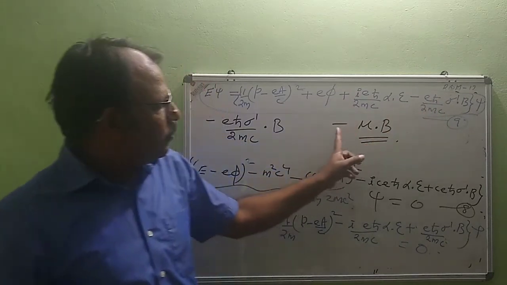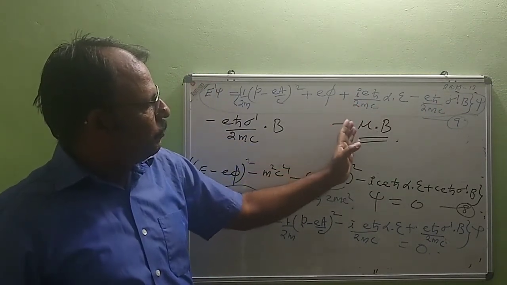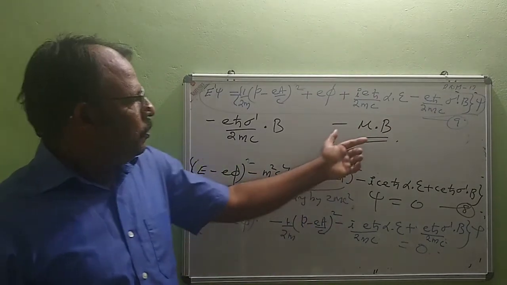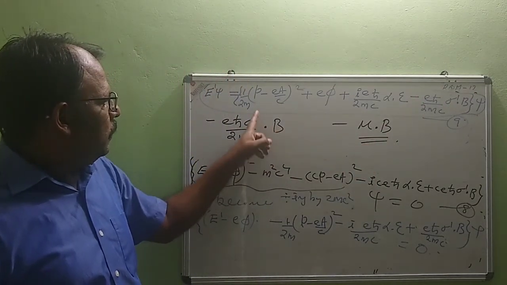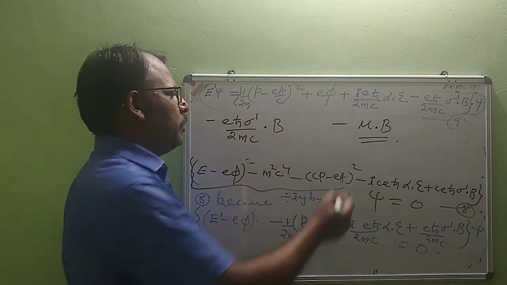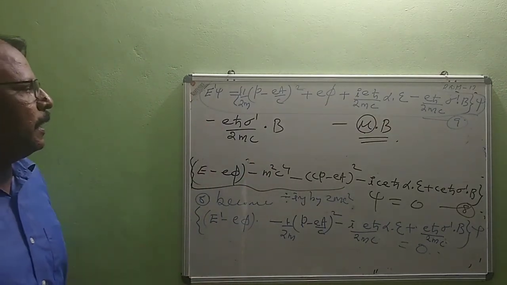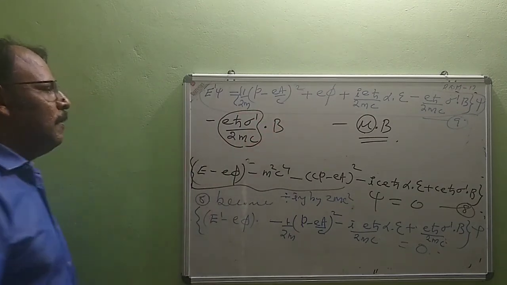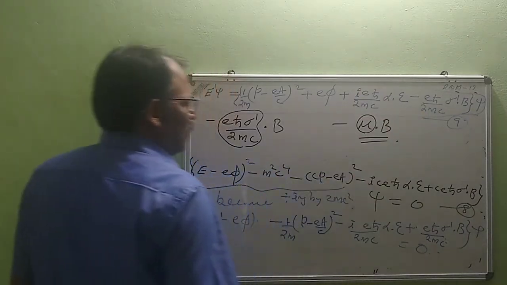So the term which has the dot product with B can be assumed to be the magnetic moment of the Dirac particle. This e h bar sigma prime by 2mc can be taken as the magnetic moment, which does not have any classical analog.